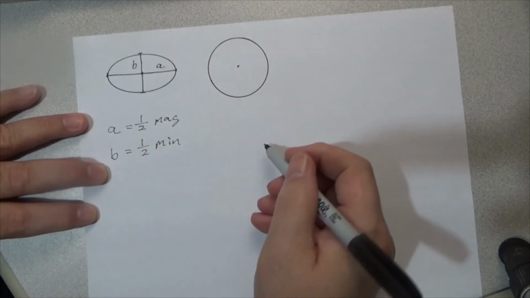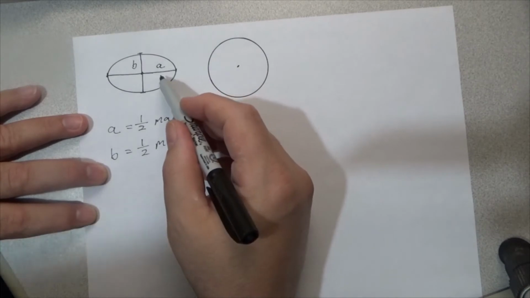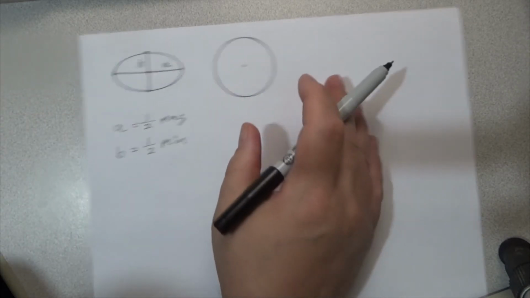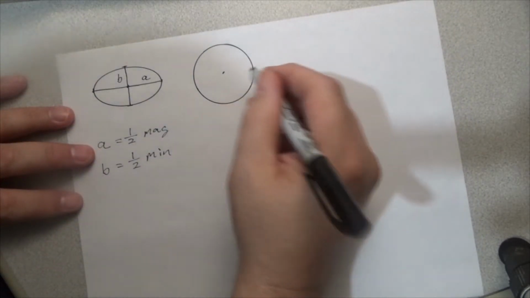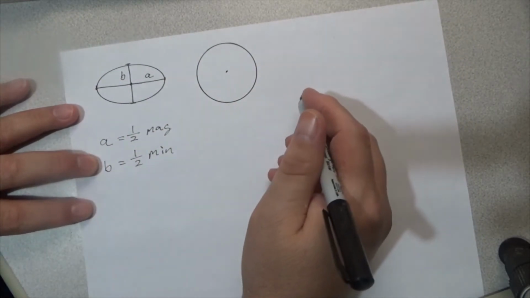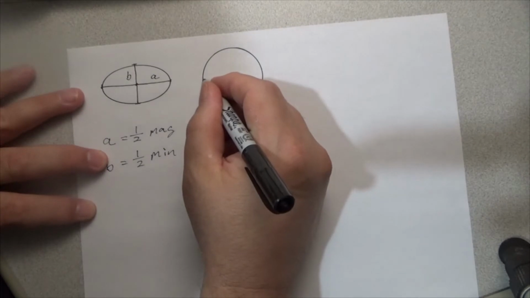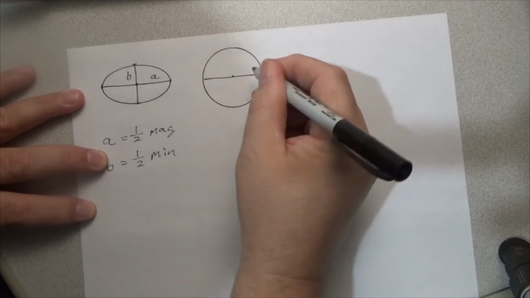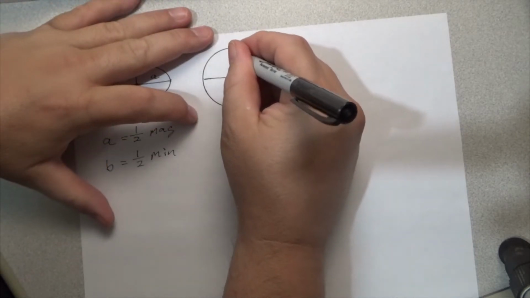Okay? Now I want to compare an ellipse to a circle. With a circle, let's think of this as the major axis, and let's think of this as a minor axis.